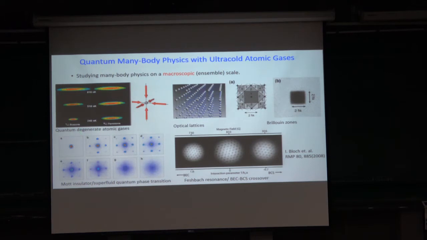Or one can use standing laser fields to form optical lattice to mimic the electron in metal. And as you know, this is the Mermin's textbook on solid-state physics. It's a Fermi surface. And this Brillouin zone can be realized directly by absorption image. This is experimental data. It's very beautiful.